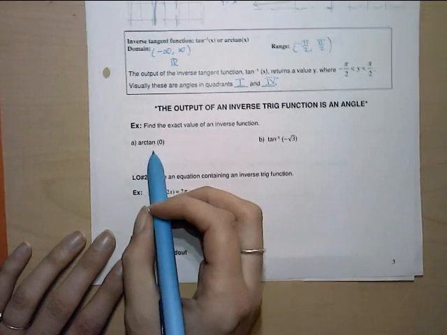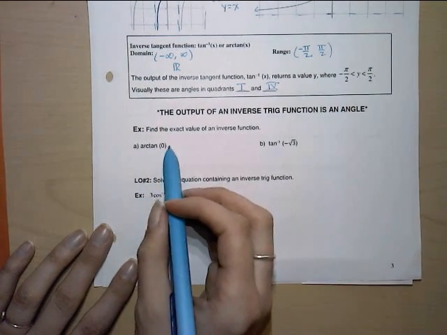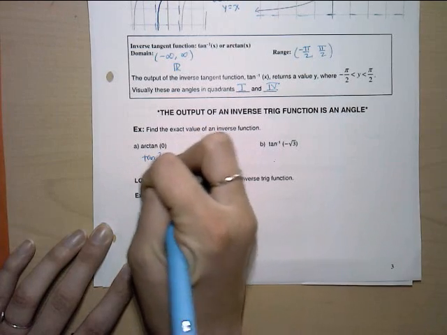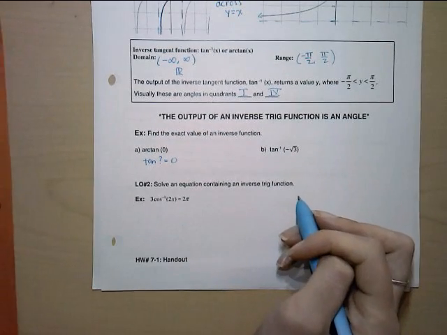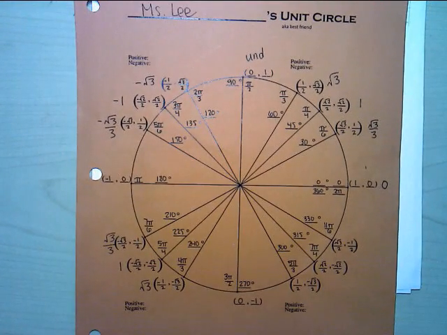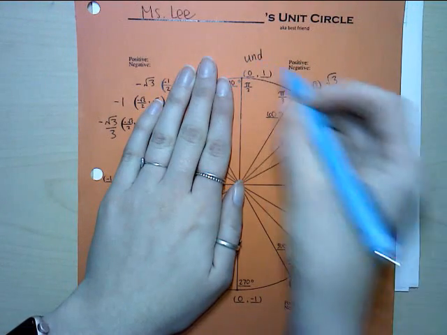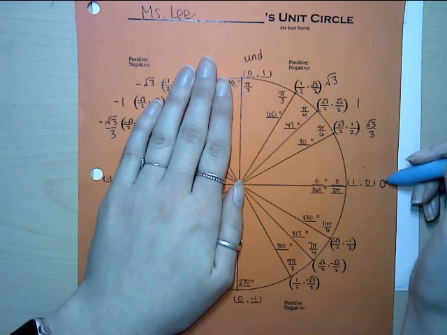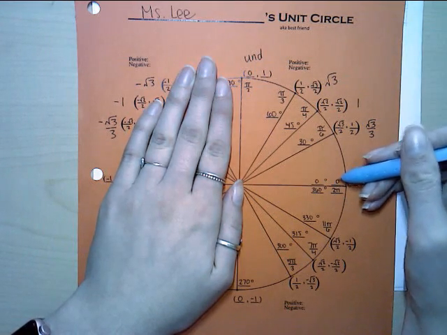Find the exact value of an inverse function again, now dealing with tangent, so arctangent. So the question here is tangent of what will equal 0? Tangent of what will equal 0? And I'm looking over here. So remember we wrote our tangent values. There it is. This is where tangent equals 0, and my answer should be an angle.